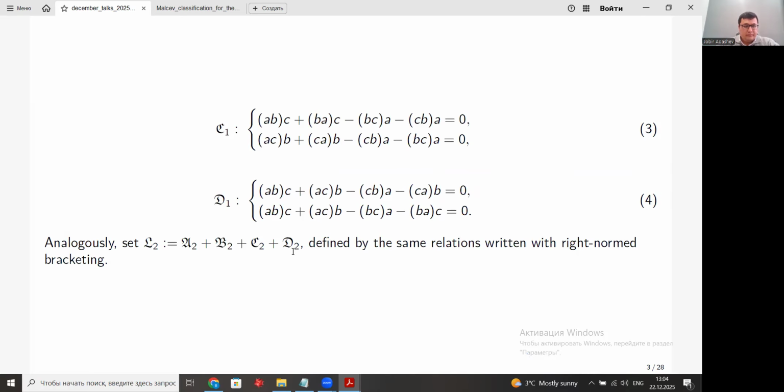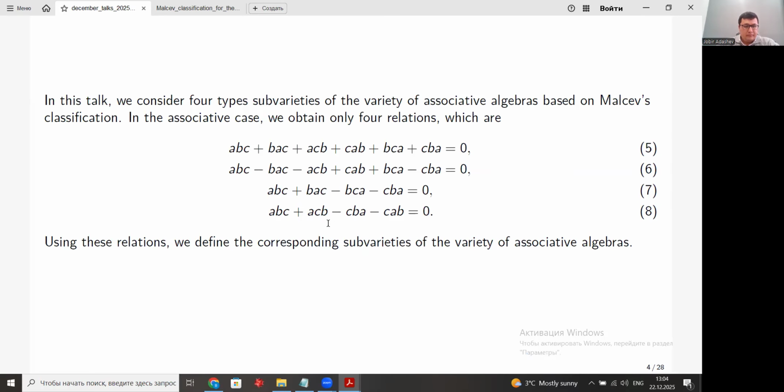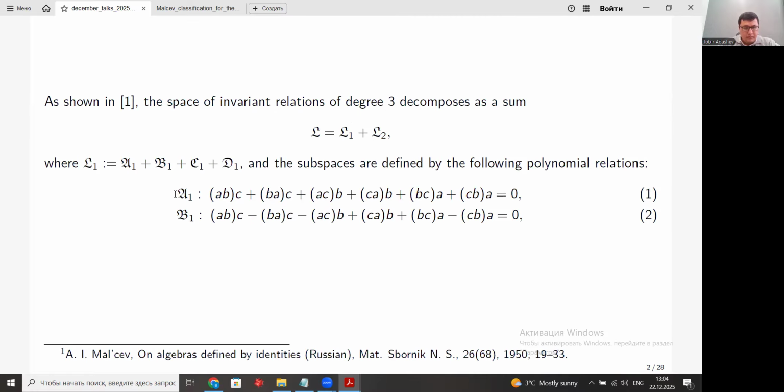Now, in this talk, we consider four types of subvarieties of the variety of associative algebras based on Malcev classification. Now I'll explain what we mean when we speak about Malcev classification. We just consider the variety of associative algebras, and to this variety we add these identities one by one.